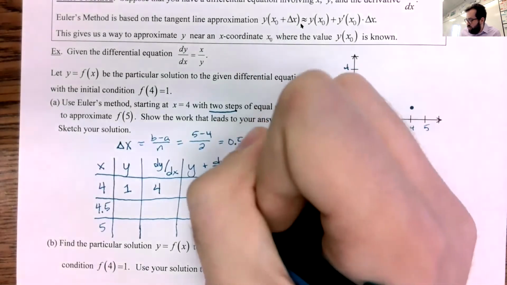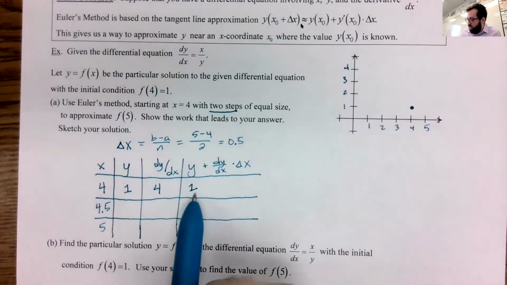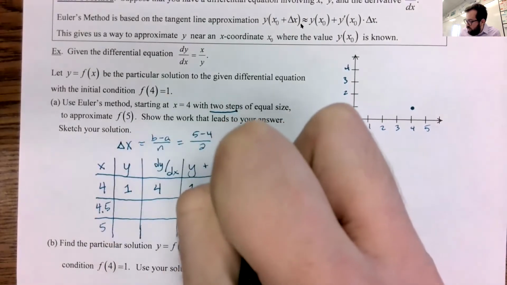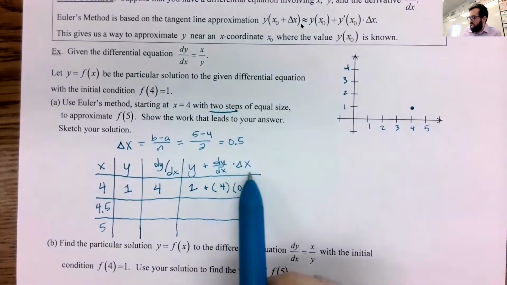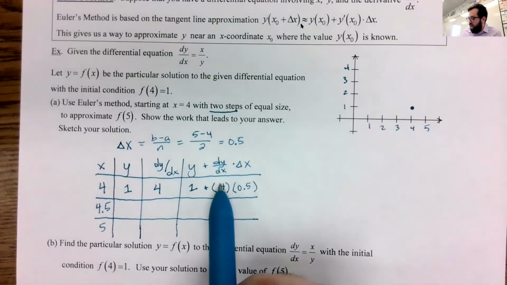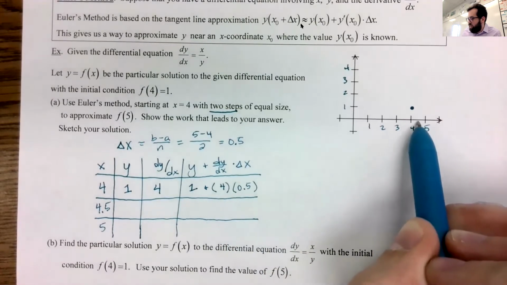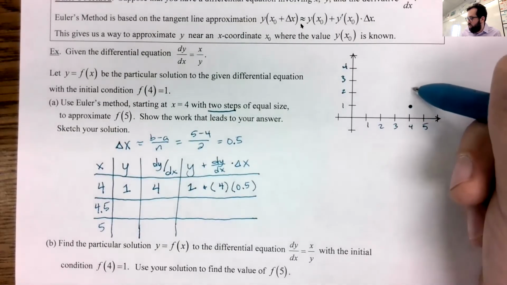So let's try it. If we start with the y value where we were, and we add the derivative for the duration of our change in x. So we're going to add the amount of the slope that corresponds to a distance of 0.5 in the x direction. It's kind of like if you're doing rise over run.